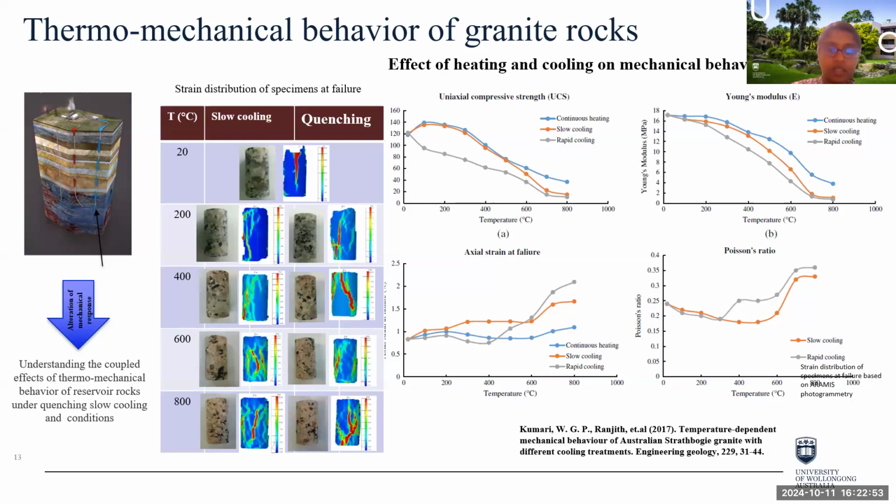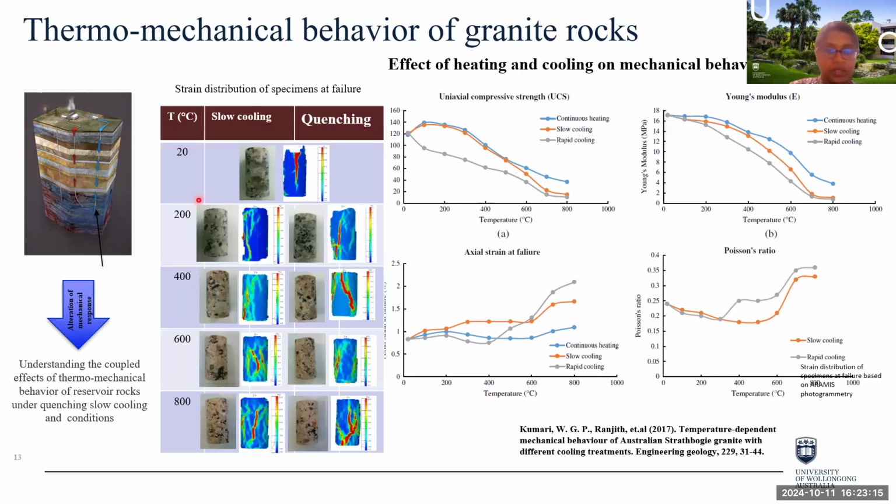Continuous heating without applying any cooling, and then rapid cooling by quenching heated samples in water to mimic fluid circulation, and applying slow cooling, or allowing the sample to cool down at a desired rate, to replicate the natural cooling of surrounding rock.